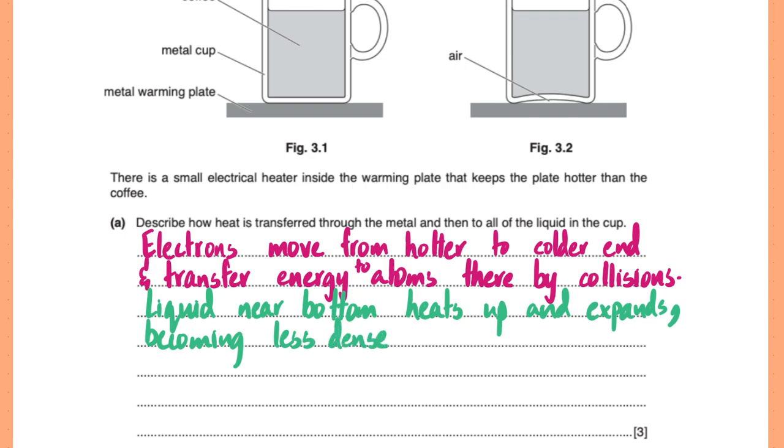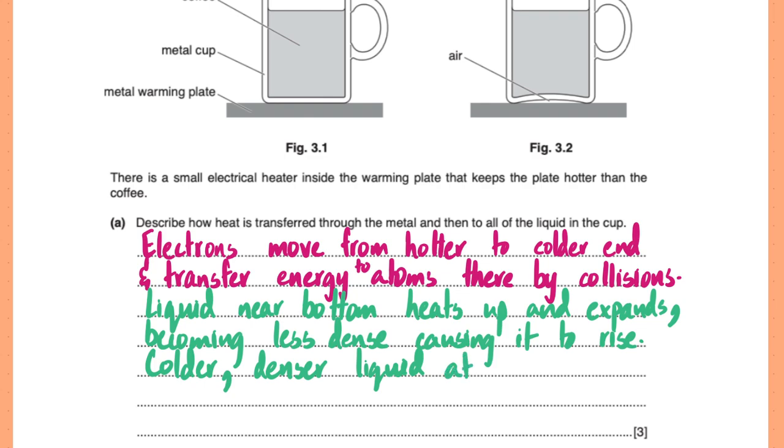So density decreases, causing it to rise. And then the colder, denser liquid at the top falls, or you can say sinks, setting up a convection current.